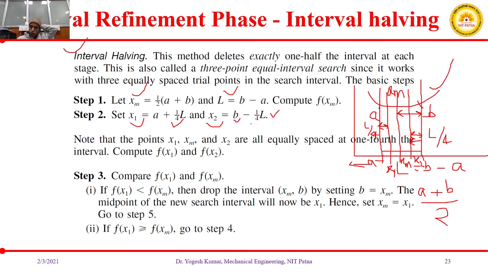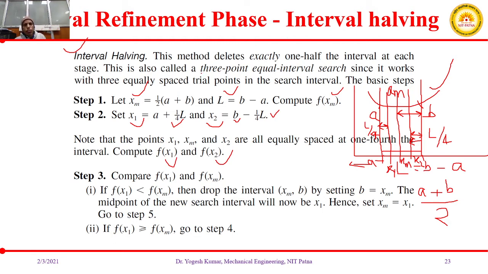Okay, so now you have 4 spaces which are divided into equal parts by these 3 points. So now let us compute xm, x1, x2. You are supposed to find out the values of the function at these 3 points.